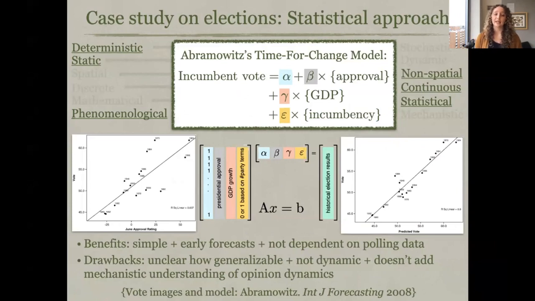This is a deterministic, static, very much phenomenological model from a statistical perspective, where they say the percentage of the vote that the incumbent is going to receive is just some parameter plus some other parameter times the current approval rating in June, plus some other parameter times how the economy is doing, so the GDP growth rate, plus some other parameter times whether or not the current candidate's party has been in office for a while or not.